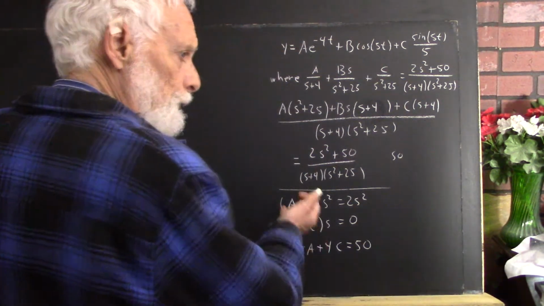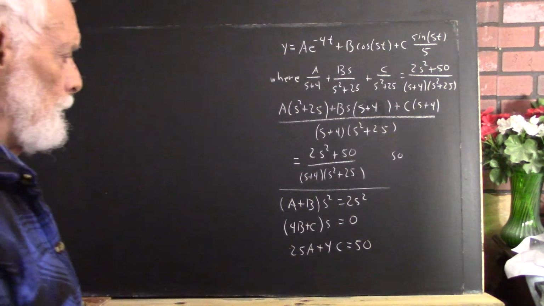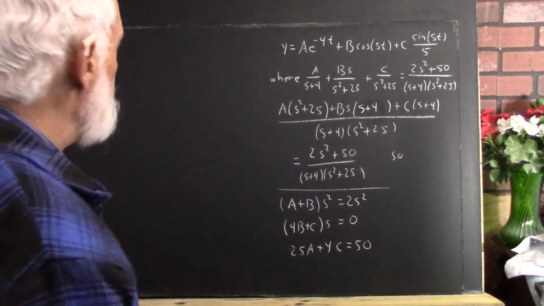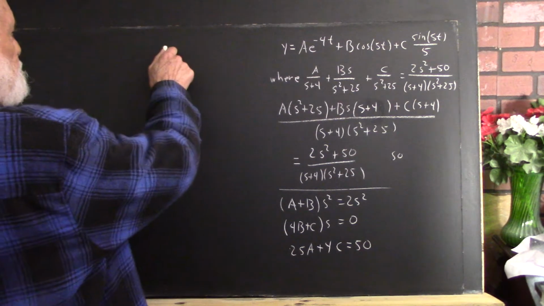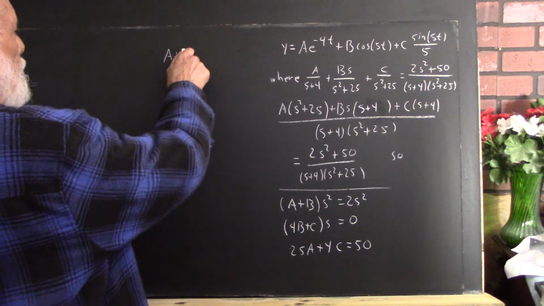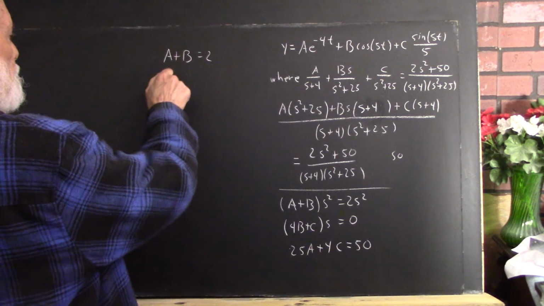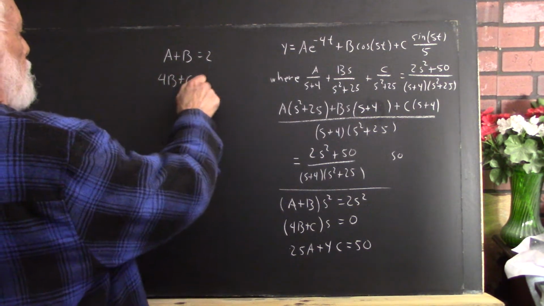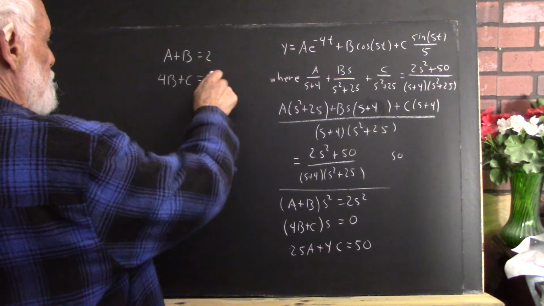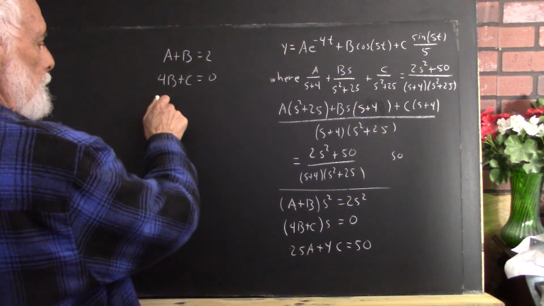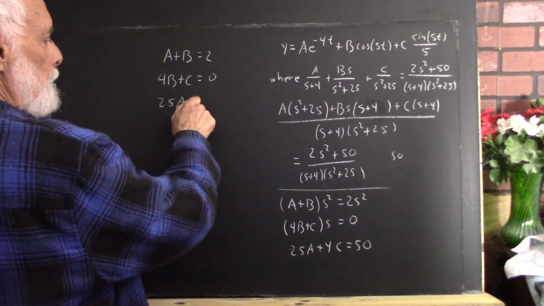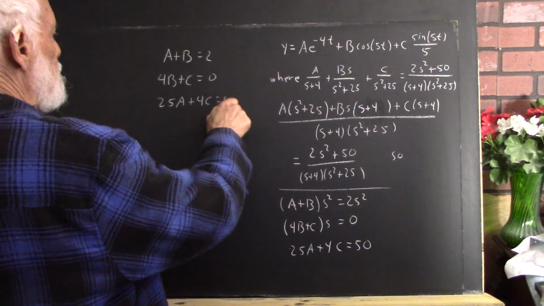Well, that's three equations we can easily solve for a and b. So we have a plus b equals 2, 4b plus c equals 0, and 25a plus 4c equals 50.